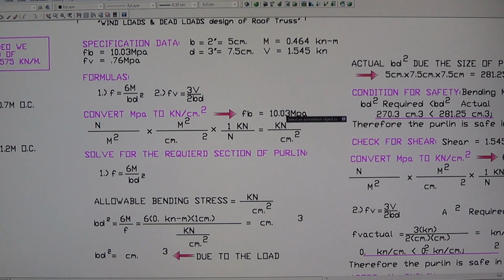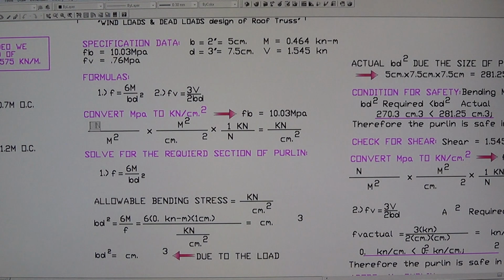It's 10.03 MPa. Now it's in Newton, and you have to convert it to kilonewton, and it is per square meter, so we have to convert it to square centimeter. Alright, so let's start.